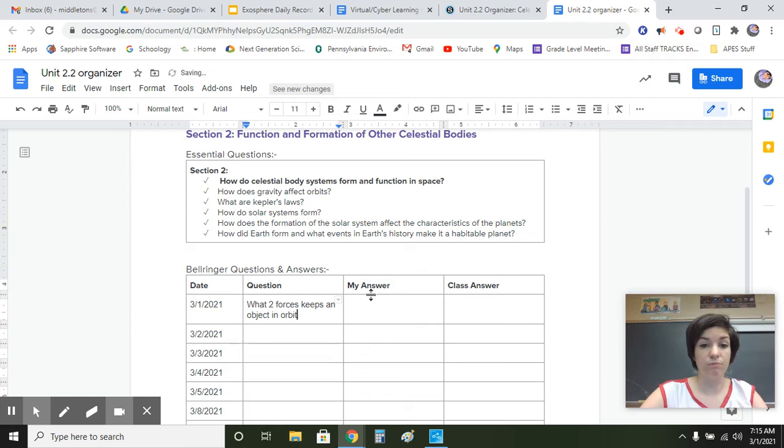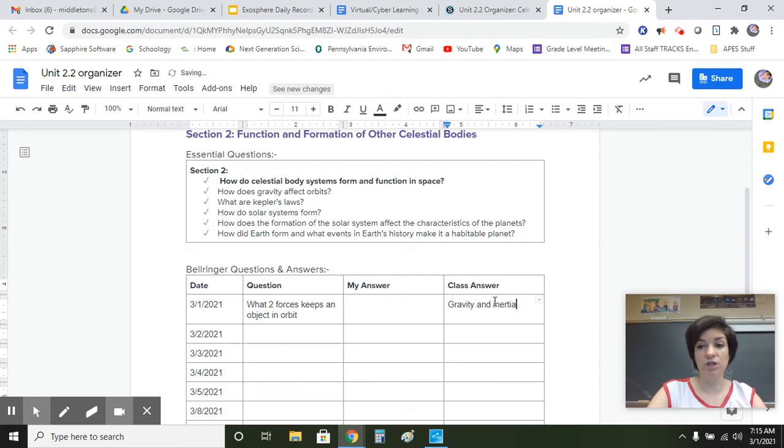You need to pause and write down your answer, and then once you're done with that, push play, and the answer is gravity, right? So the Earth is held by the sun's gravitational pull and inertia.